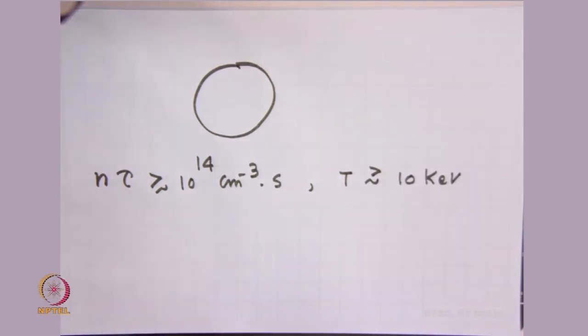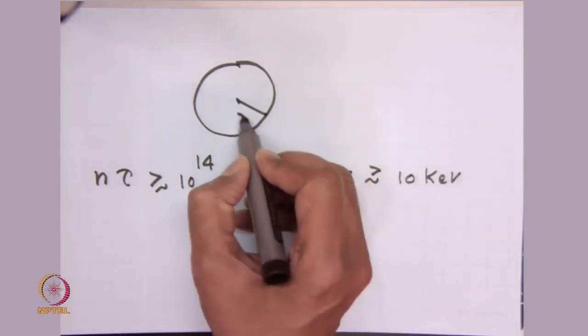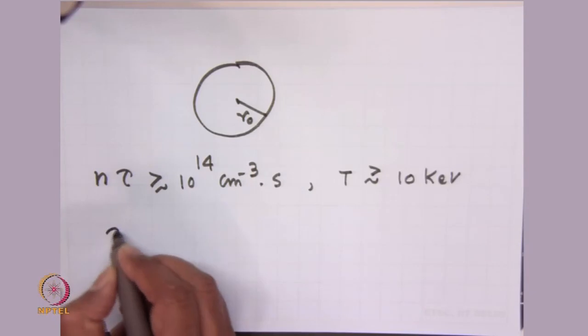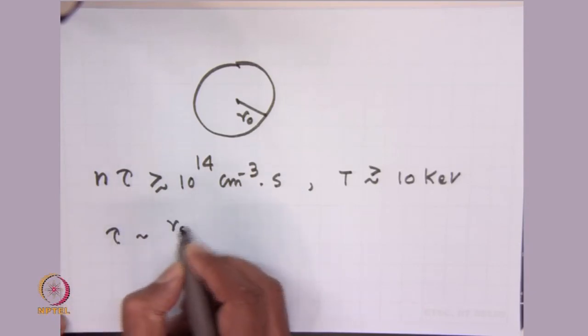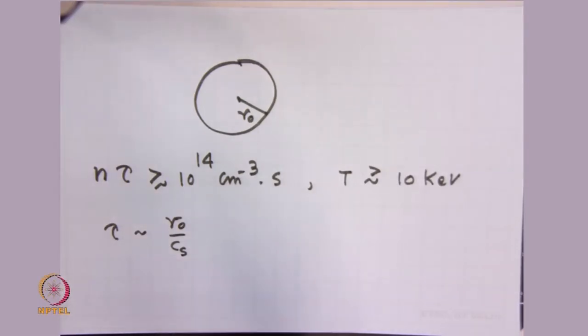In case of laser driven fusion, people do not confine the plasma by any magnetic field or any external fields. They believe that if I have initially a plasma of radius r0 and you heat the plasma, it will expand with sound velocity and tau will be of the order of r0 by Cs. Cs is the sound speed, which is typically 10 to the power 7 centimeter per second.